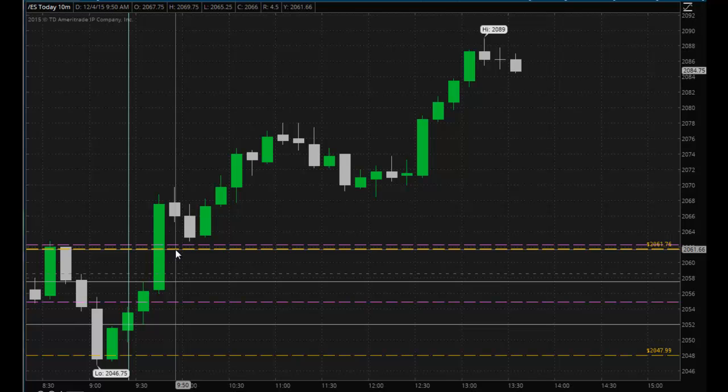These A points are like stretch points. If the market can stretch to that point and stay there and get accepted, then chances are it's going to go higher. If the market stretches to that point but gets rejected, then chances are it's going to revert back to the mean, or back towards the middle of the opening range, and possibly further down.